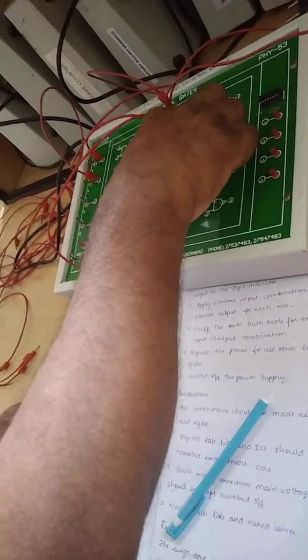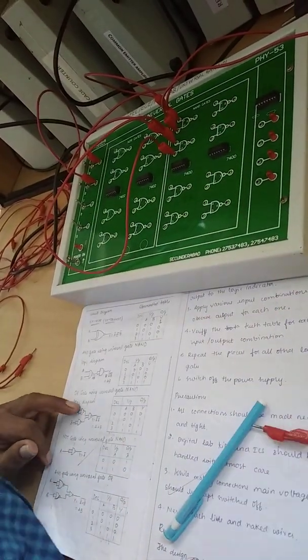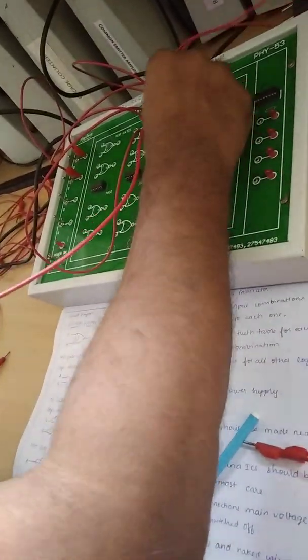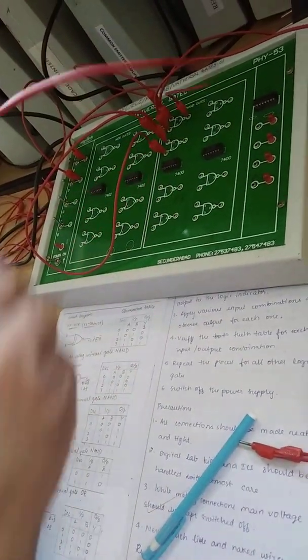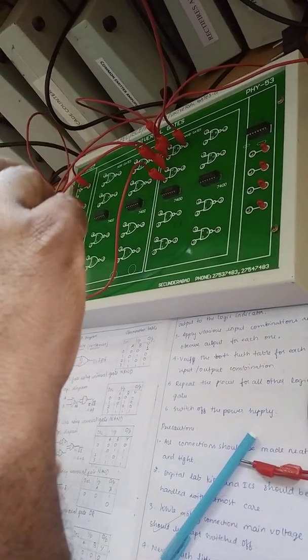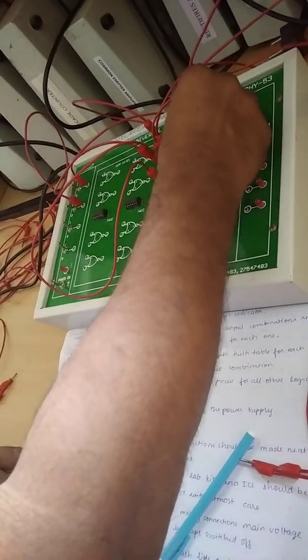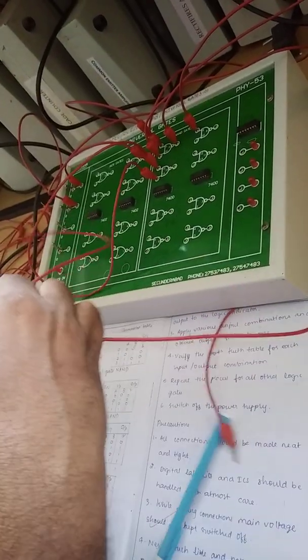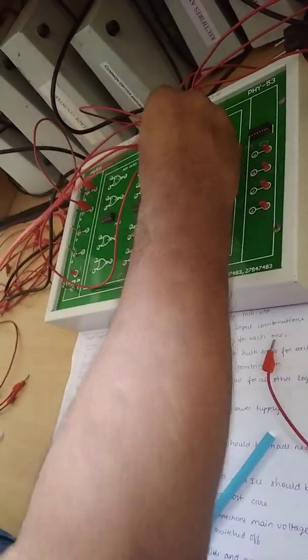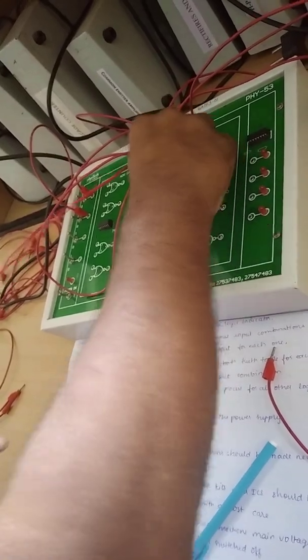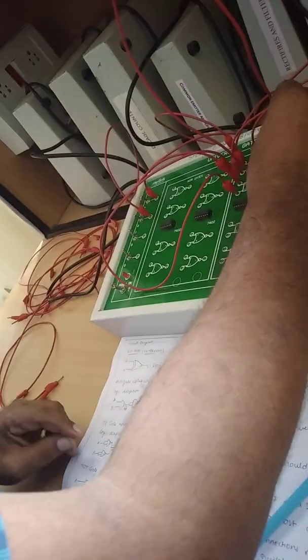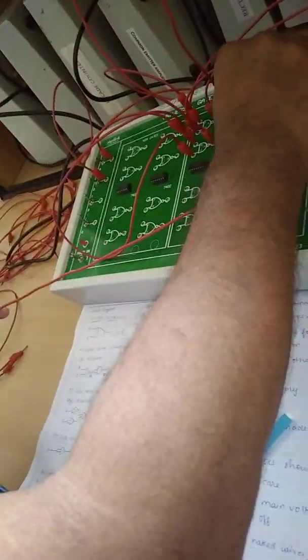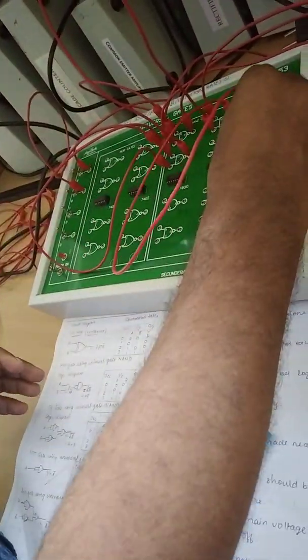This output and this output are applied to another gate. So this NAND gate output is applied to the LED.